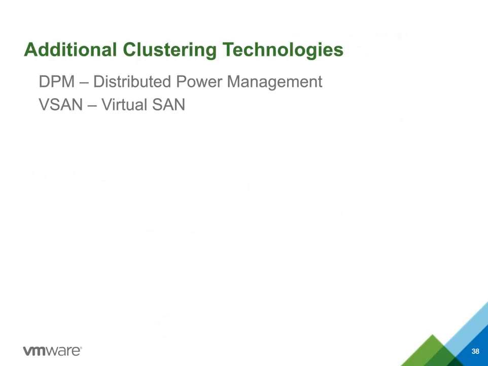Another type of clustering capability that vSphere provides is vSAN, or virtual SAN. With vSAN, we provide hypervisor-converged storage that's designed and optimized for vSphere environments. It takes the local storage from the hosts that reside in a vSAN cluster and pools it together to create an effectively shared data storage capability.